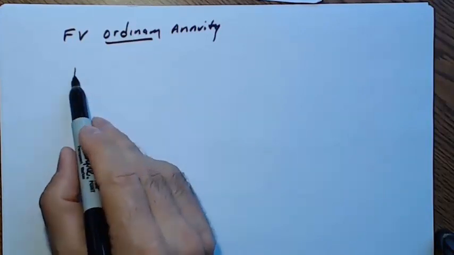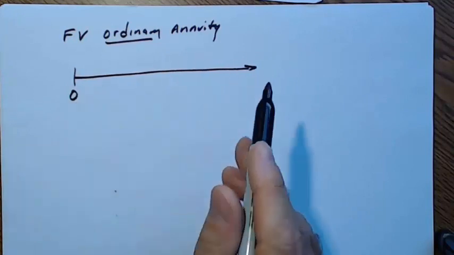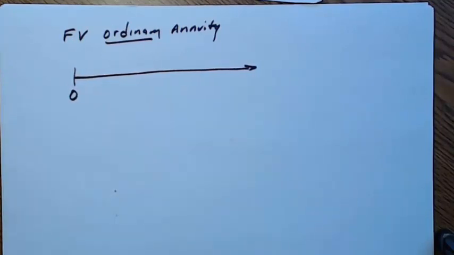We've got to start with a timeline, and this timeline is extremely important to get your head around what's going on. I've been doing this for a long time, and I still need timelines. They're extremely helpful in organizing my thought process.